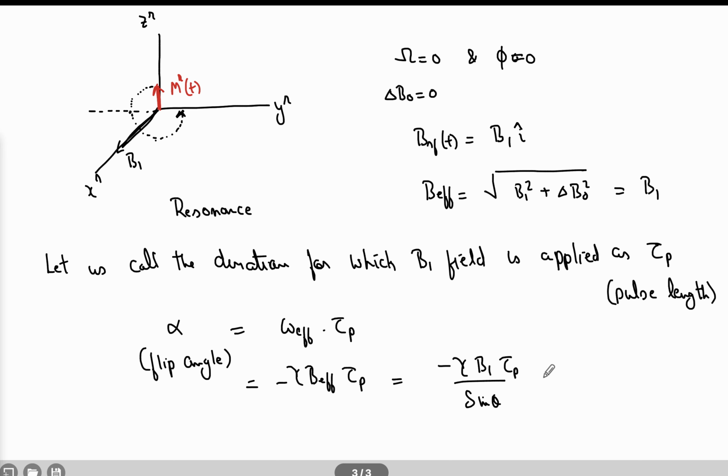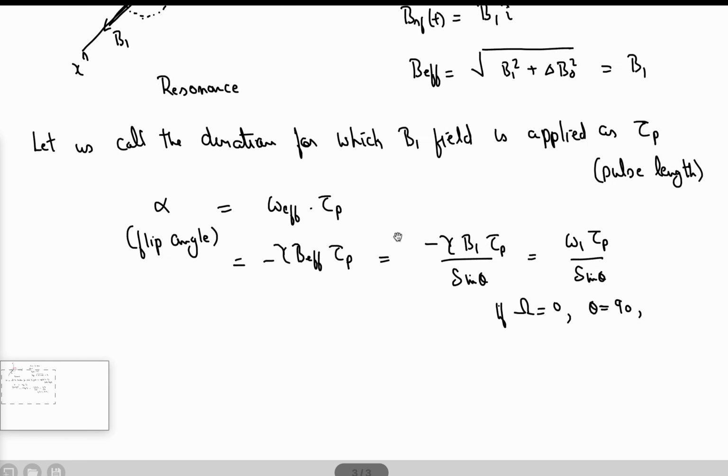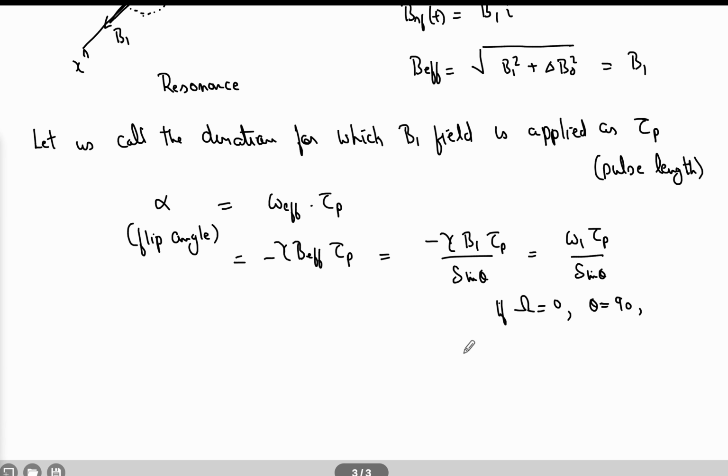And now this can be written as omega 1 tau P sine theta. And now if your offset is 0, theta is 90 degrees, and thus sine theta is 1. So alpha can now be written as simply omega 1 tau P, right?